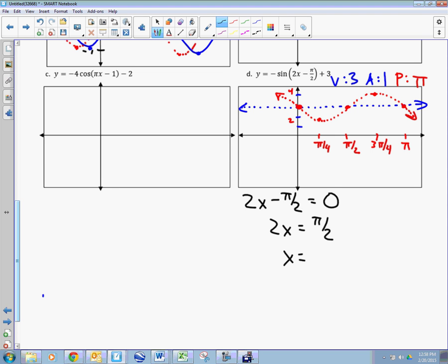Solve. X is equal to what? Pi over. What's pi over 2 divided in half? Pi over 4. So how much do I move each dot? 1 full tick mark, correct?